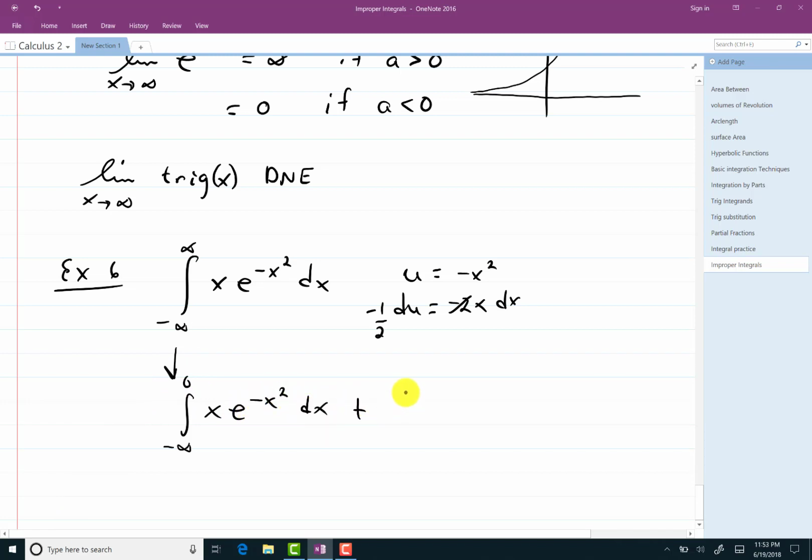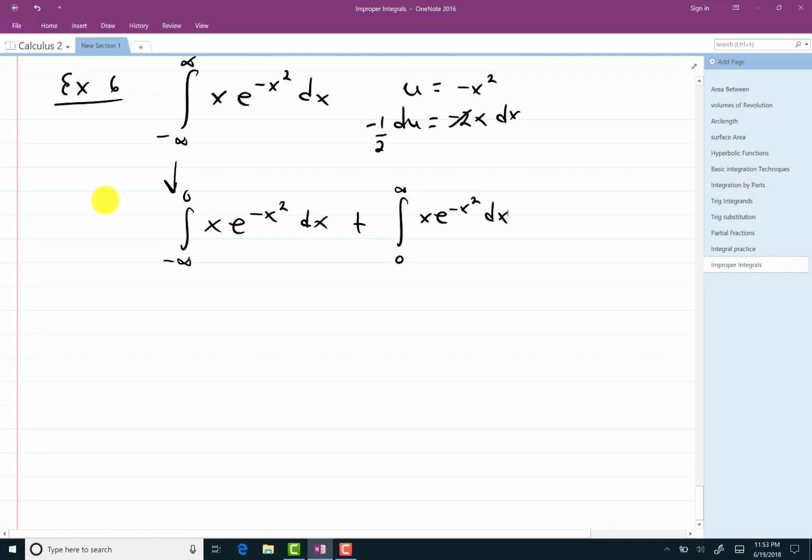And then I'm going to add to it from 0 to infinity x e to the negative x squared dx. I will use exactly the same u for both of the problems, and we'll see what happens here. My u for this one is negative x squared. Negative infinity will still have a negative infinity there. If I plug 0 into x squared, u will be 0.